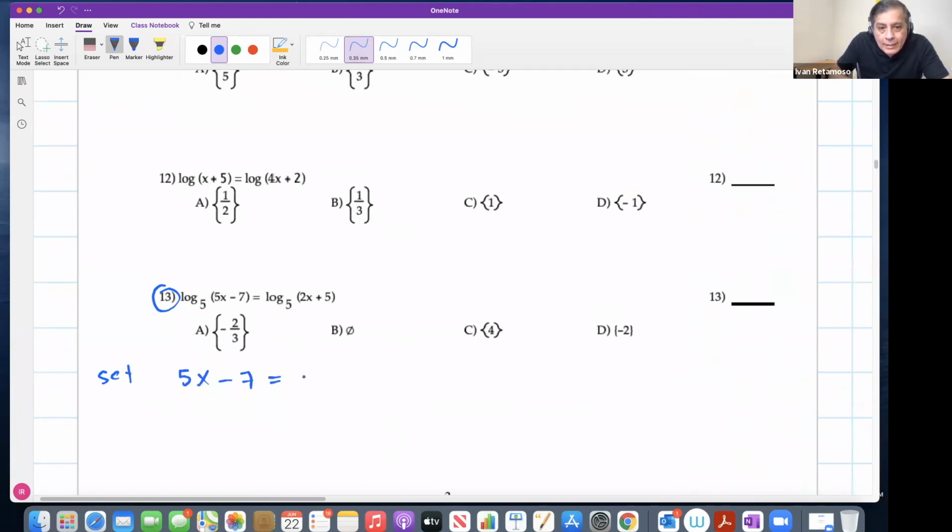And after that, just to play safe, check your answer. Check and make sure that it's not giving you any trouble. Check that indeed it gives you a true statement when you replace x with the candidate for the solution.